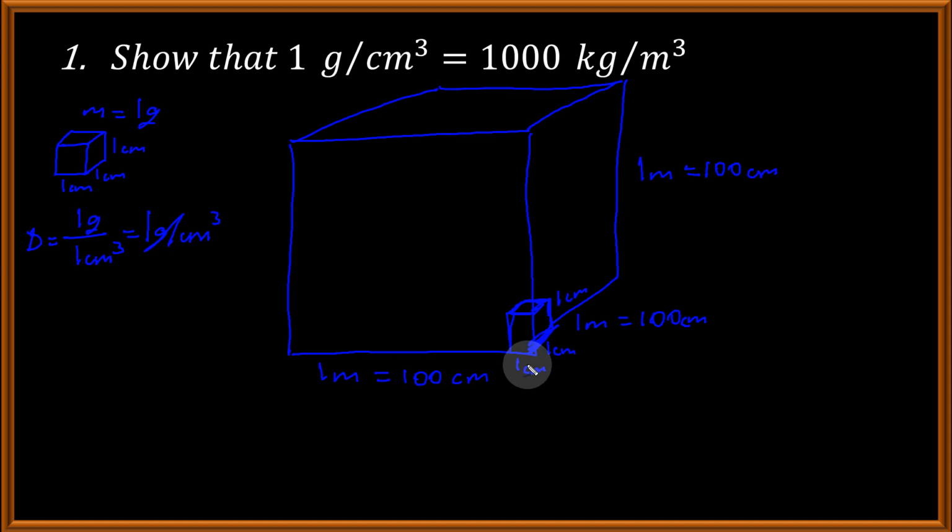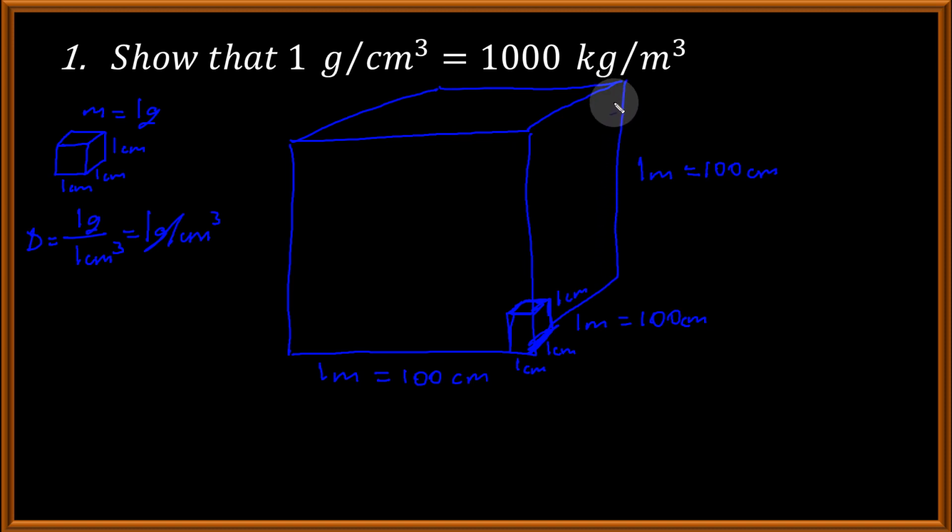So you ask yourself, if I were to arrange these cubes along the length of this large cube, how many of them would fit along this length of 1 meter? Of course, if the length of one small cube is 1 centimeter, we are going to have 100 of them fitting here, arranged end to end in a straight line. Similarly, we are going to have 100 of them here and also 100 of them here.